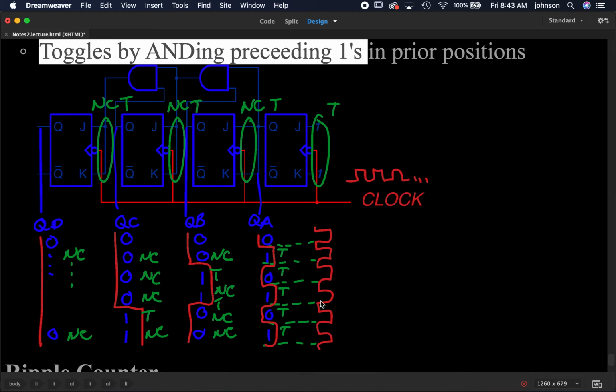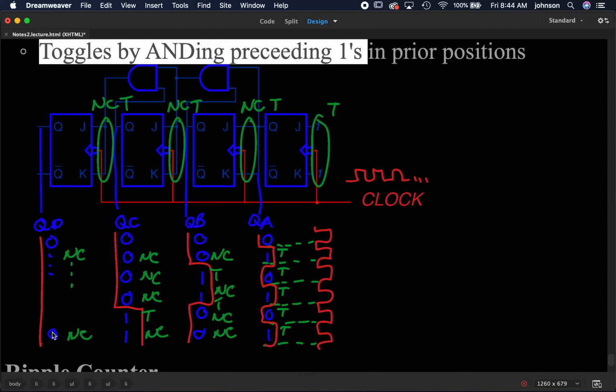The next stage is going to toggle only, notice that there's some gates up here, all right? It's only going to toggle when the preceding stage is a 1. So here's my preceding 1 here, and that's when I'm going to toggle over here. The third stage is going to toggle if the preceding 2 stages are a 1. Now I have an AND gate up here that can detect that, okay?